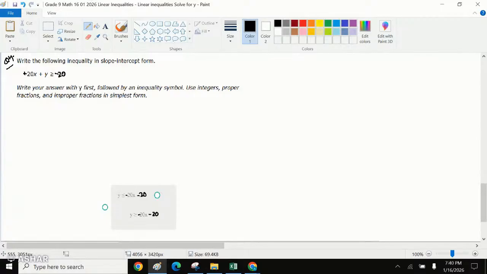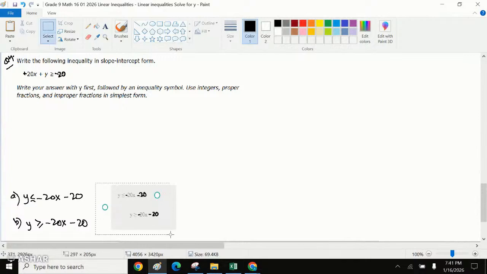It's still negative. So where are they trying to test our knowledge? I'll just write it again. Option A was y is less than or equal to minus 20x minus 20.